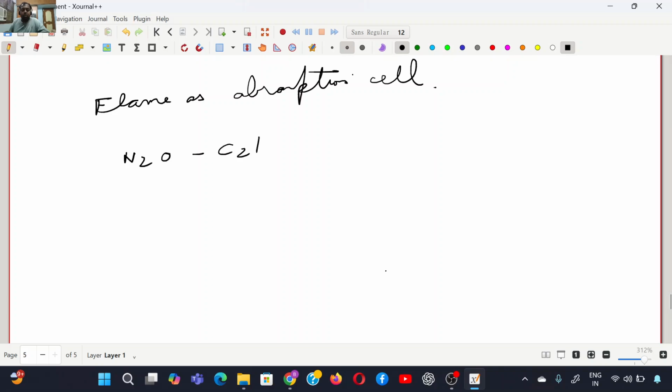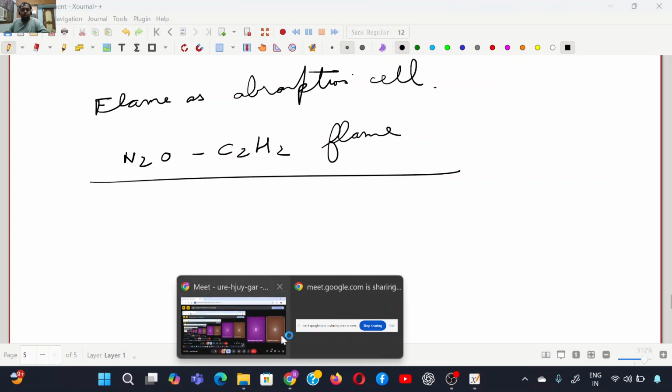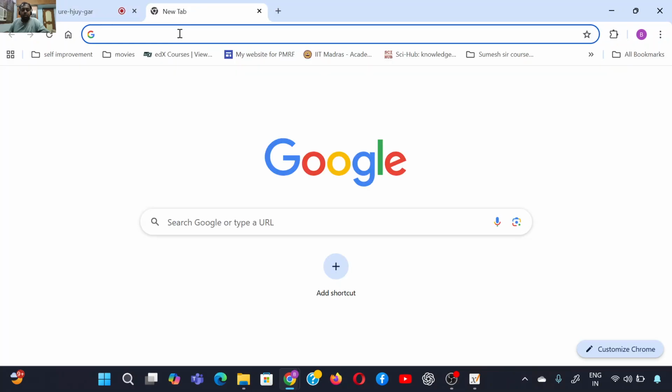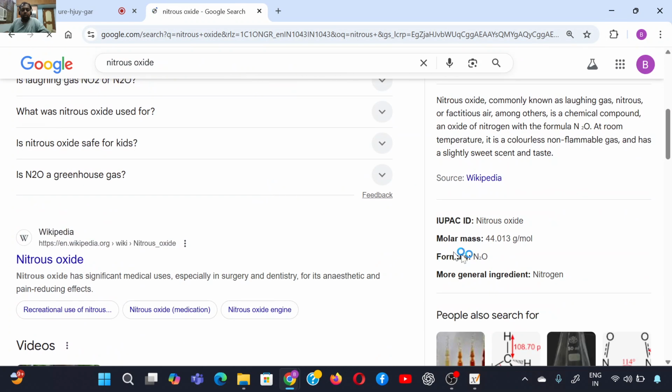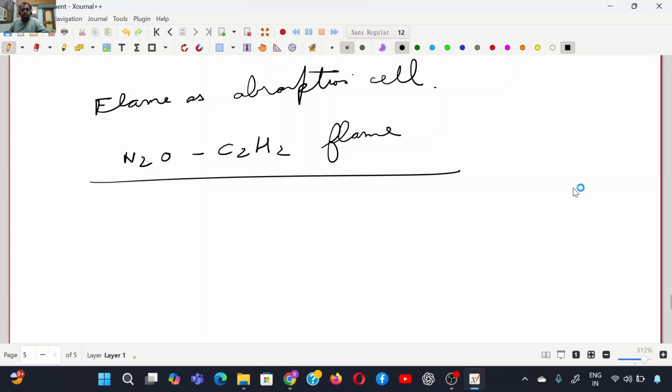Let us look at the nitrous oxide acetylene flame. Nitrous oxide formula is N2O. The N2O-C2H2 flame provides a higher temperature, roughly around 3000 degrees Celsius.